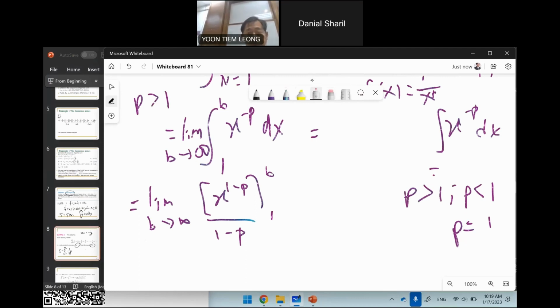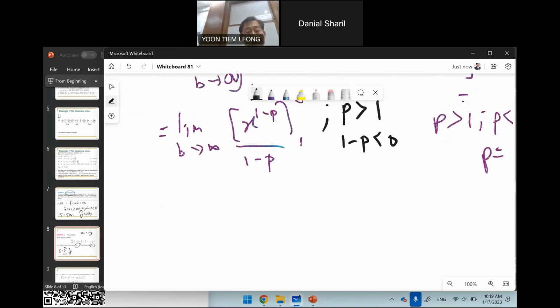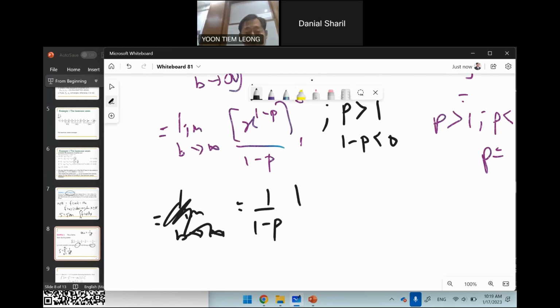Now here you have to be very careful, right? So here p is a constant and the variable is b. So you have to replace x with b. But you have to look at this one, and since p is assumed to be larger than 1, 1 minus p is actually a negative number. Am I right? So then we try to rearrange it a little bit so that it looks like 1 over infinity. Then, sorry, I would write this as 1 over 1 minus p, which is a constant which has nothing to do with b.